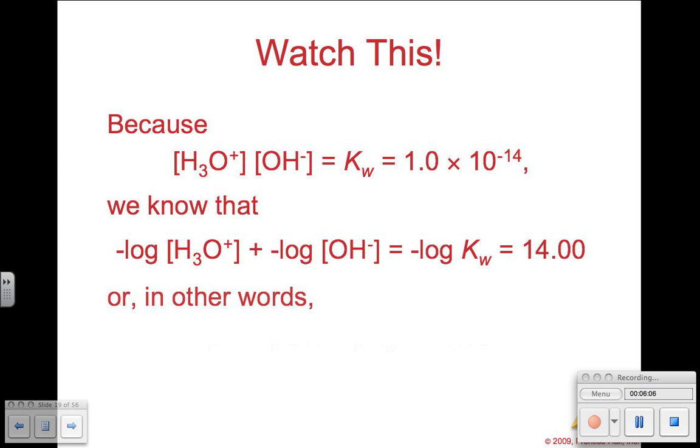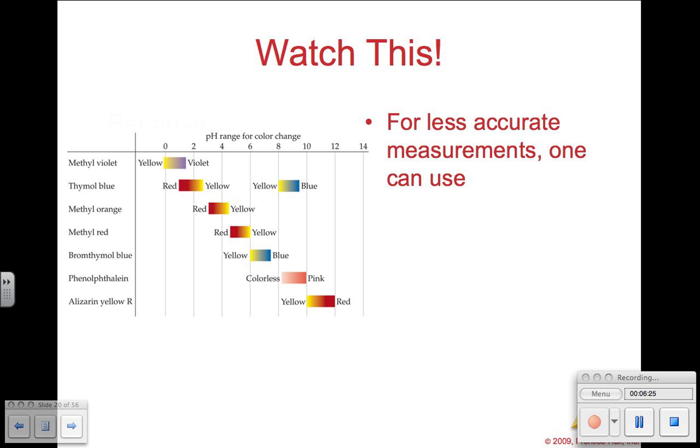We could rewrite these as pH plus pOH equals pKw, or 14. So let's say you know the pH is 4. Then you can find the pOH by subtracting 4 from 14.